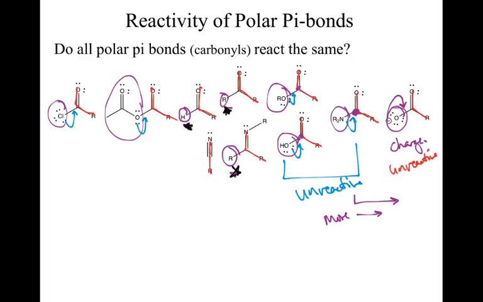Well, hydrogen has no electrons. It cannot donate electrons into the structure. The R groups don't have electrons like the oxygen or the nitrogen, so they cannot donate in. So I would expect the R groups to be more unreactive, or sorry, more reactive than what's to the right of it.